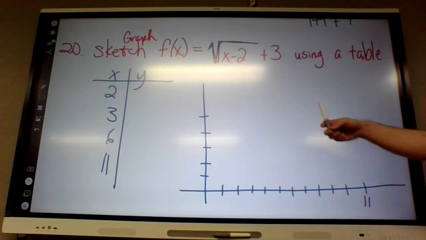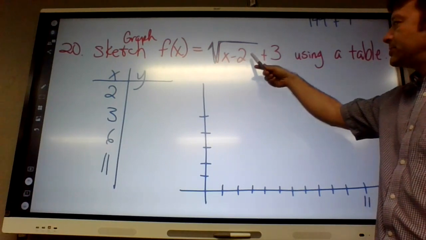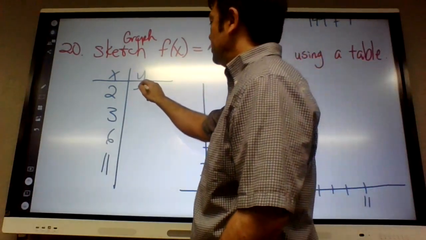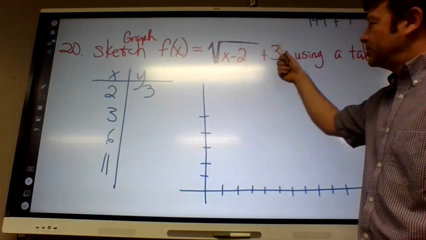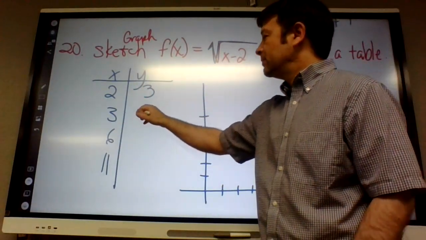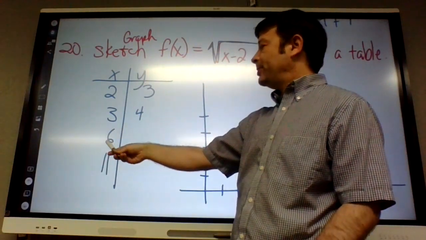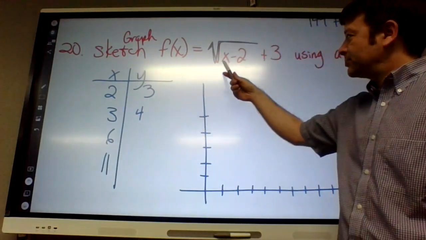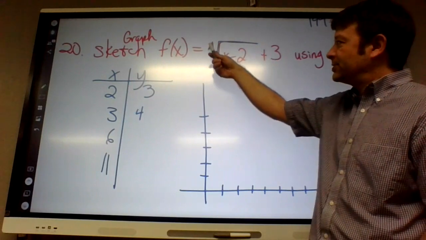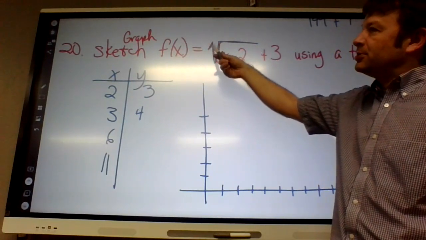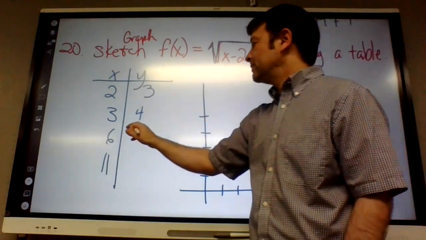If I plug in 2, 2 minus 2 is 0, square root of 0 is 0, plus 3 is 3. If I plug in 3, 3 minus 2 is 1, square root of 1 is 1, plus 3 is 4. Okay, and then this is where people start getting it wrong because they forgot to do the square root. 6 minus 2 is 4, square root of 4 is 2, plus 3 is 5.